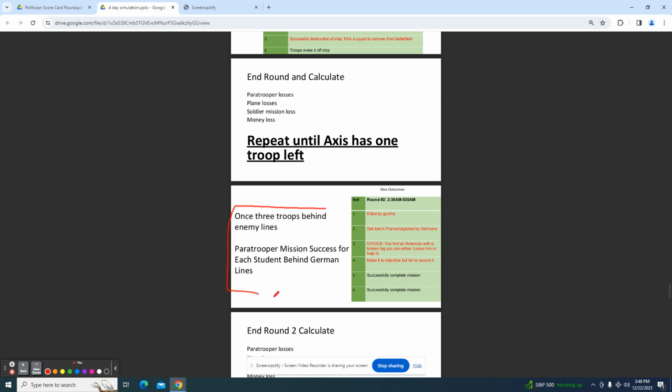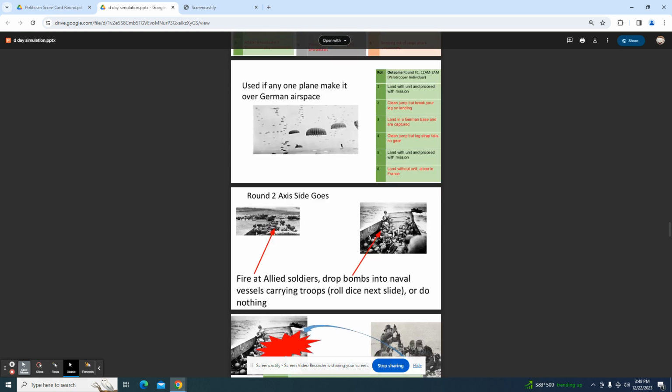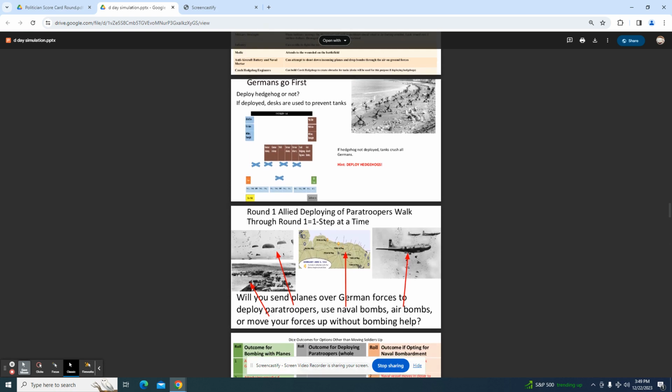Once troops are behind enemy lines, they're going to have to roll. So if I have 3 students behind, once that's achieved, then I roll for each student. If they get a 1, 4, 6, then that would mean killed by gunfire, make it to objective but fail to secure it, and then a 6. So that would mean 1 out of 3 succeeded with their mission. That's only if 3 are able to make it across.